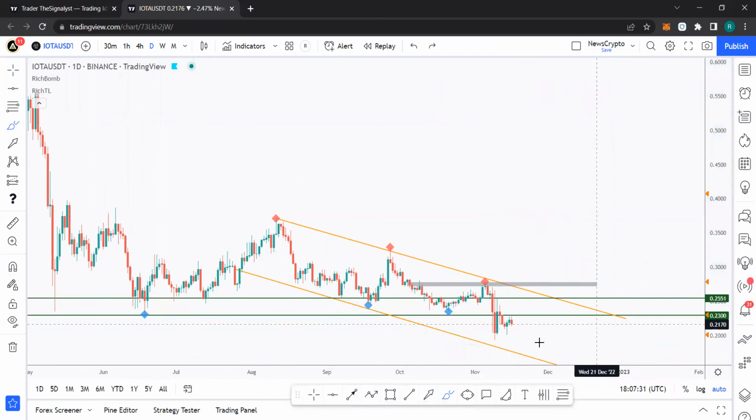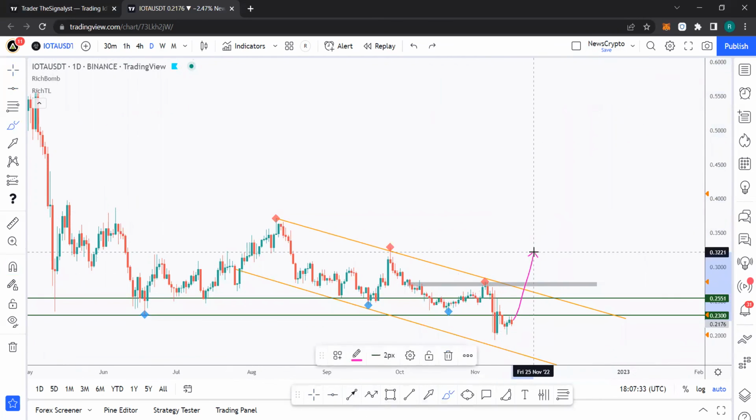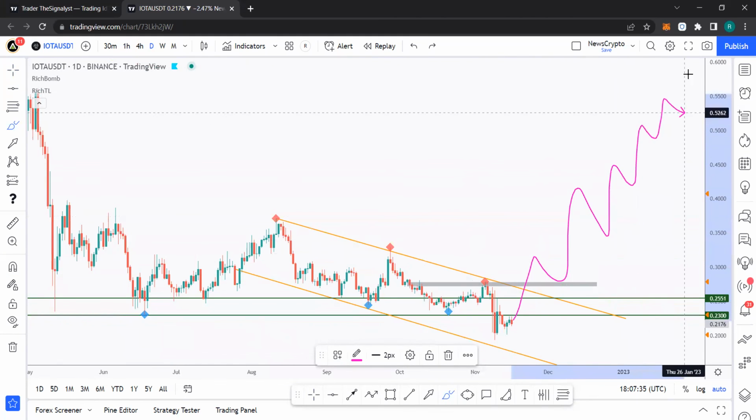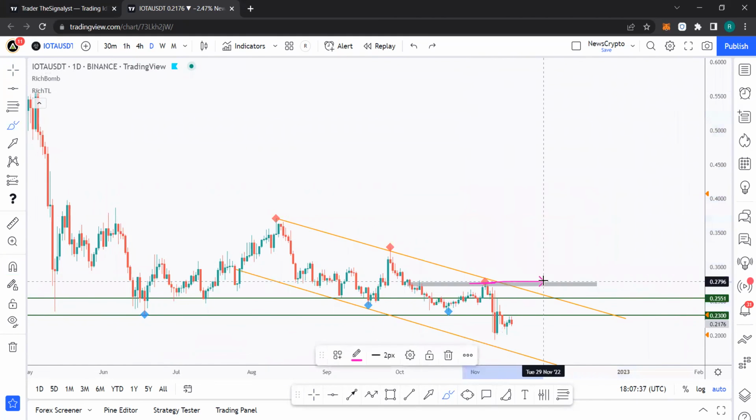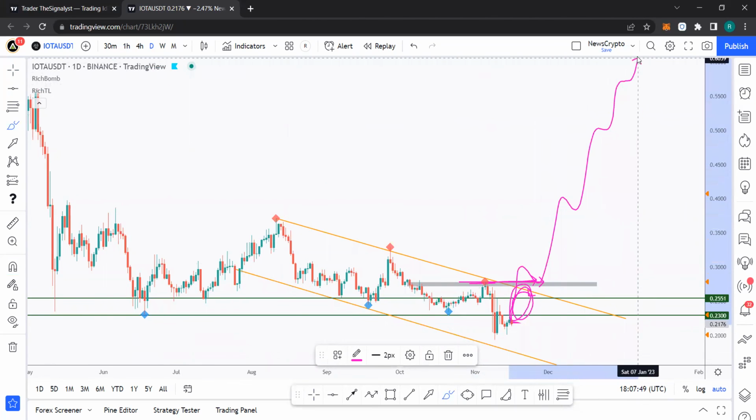For us to be able to trade higher and make higher lows and higher highs, first we need to see a breakup of this. So wait, don't enter at 0.22, wait for the 0.27. Just wait for this small movement to be broken, and then we can expect a big bullish movement.